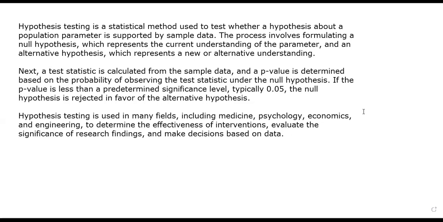So in hypothesis testing, we evaluate the significance of the findings, and we also make decisions based on the data. So hypothesis testing could have the following steps. Number one, you state the hypothesis. And the hypothesis comes in two ways.